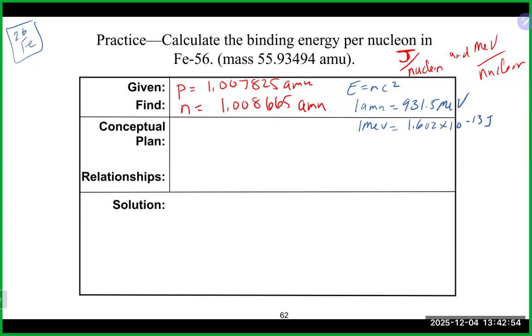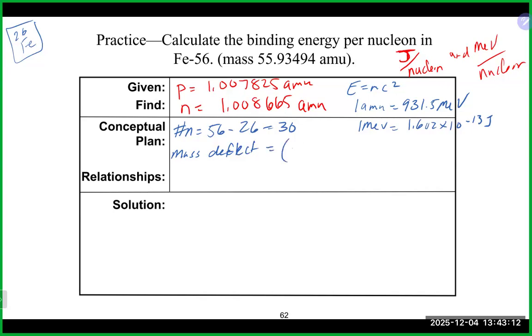Whichever way we want to go. Now, the first thing we need to figure out is the number of neutrons. So we take our mass number 56 minus our atomic number 26, which gives us 30. That will then allow us to calculate the mass defect.